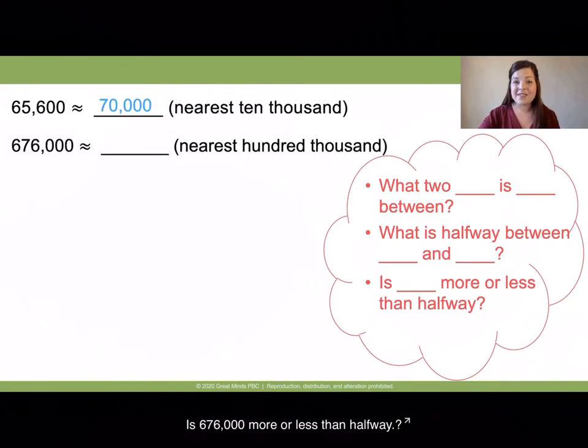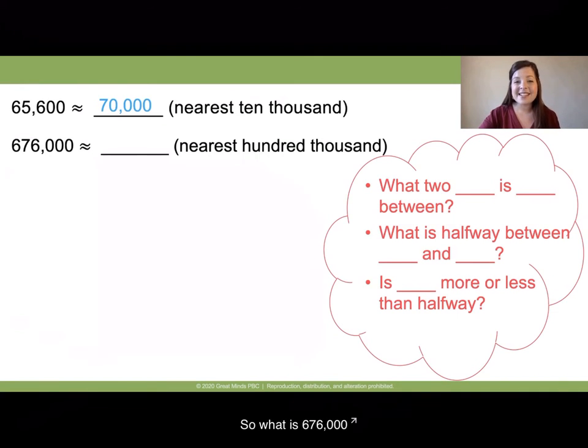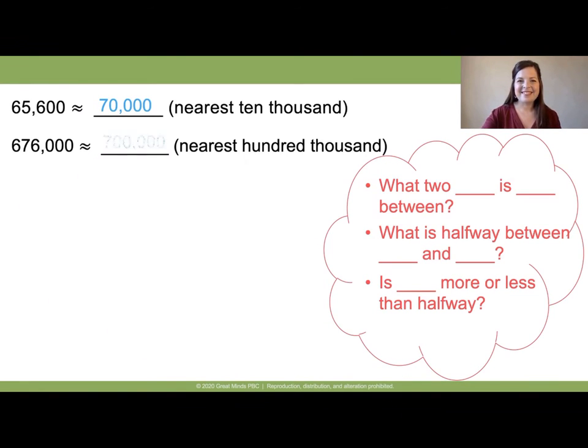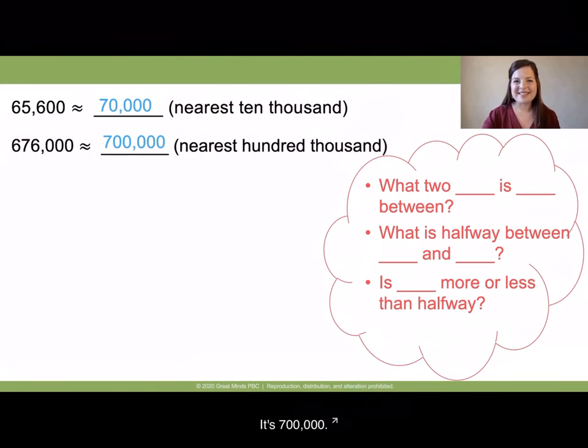Is 676,000 more or less than halfway? It's more than halfway. So what is 676,000 rounded to the nearest 100,000? It's 700,000.